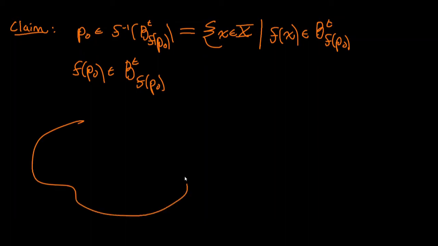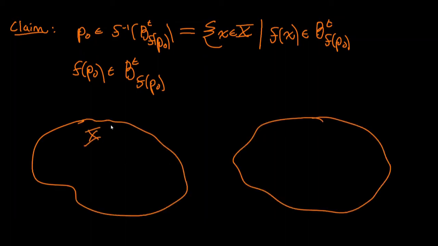Let's draw a picture just to reassure ourselves that this is true. Here's our domain X, and here's our codomain Y. This domain X has a p naught somewhere, and our codomain Y has our open ball centered at f of p naught and radius epsilon, for any epsilon strictly greater than 0.